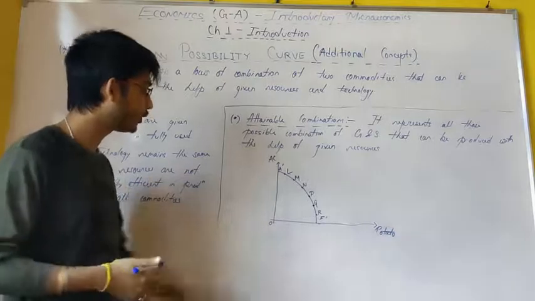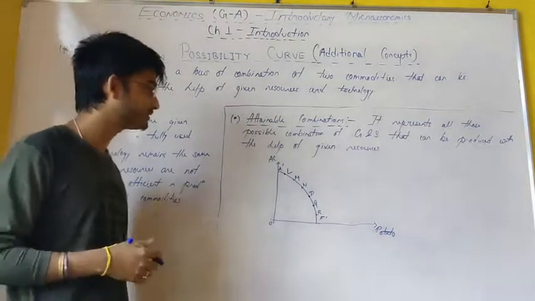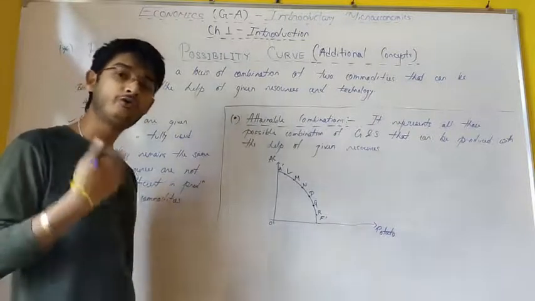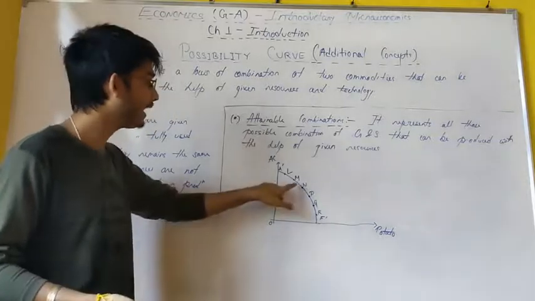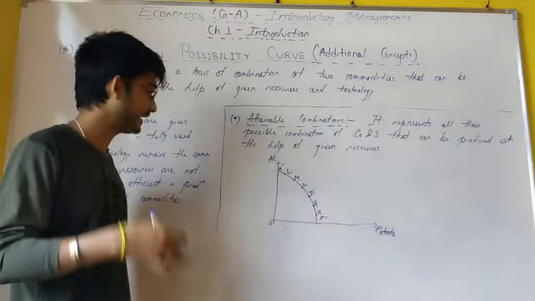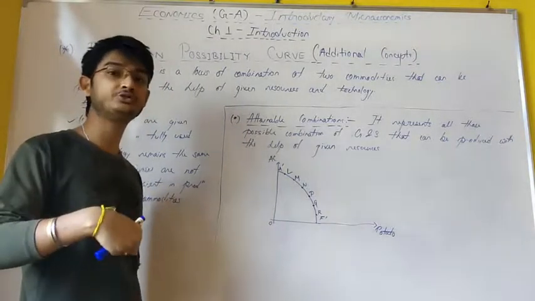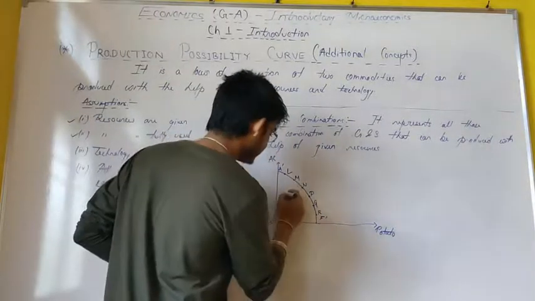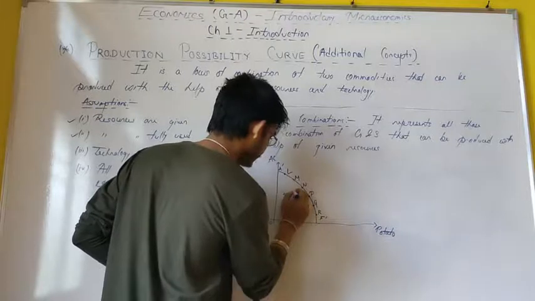All those points which are lying on the PPC represent that all of the resources are fully utilized, and hence we are producing on the PPC. Had it not been fully utilized, we would be producing inside the PPC, like this point, this point, this point, or this point.